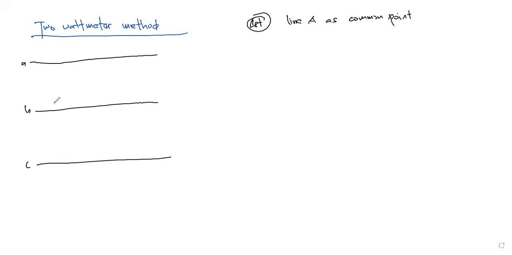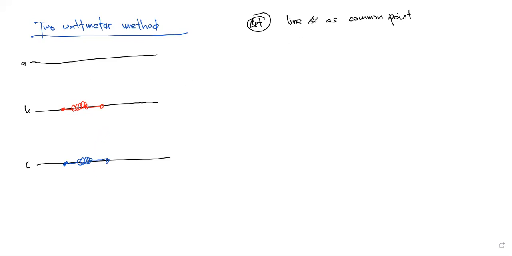So wattmeter one, of course, now you have wattmeter one, which has its current coil in line B, and then of course the second wattmeter will have its current coil in line C. Okay, so this would be the current coil of wattmeter 1, and then this would be the current coil of wattmeter 2.